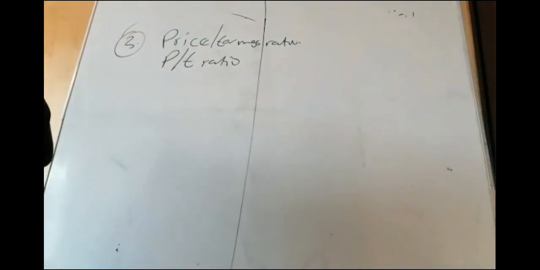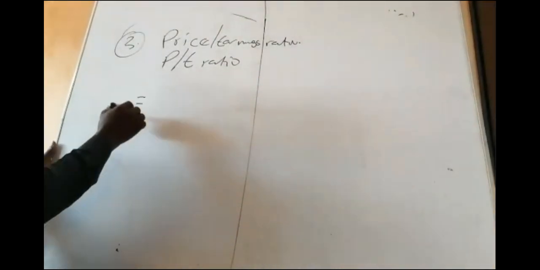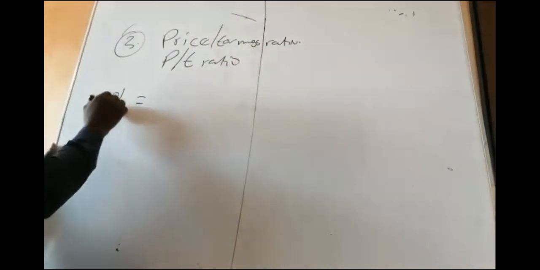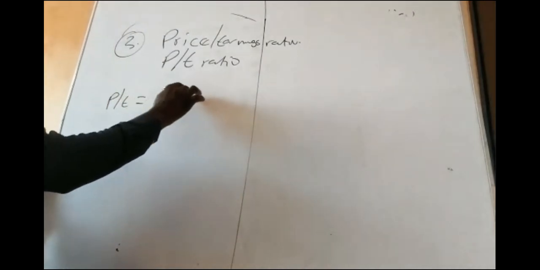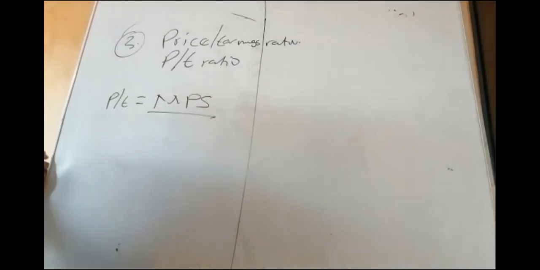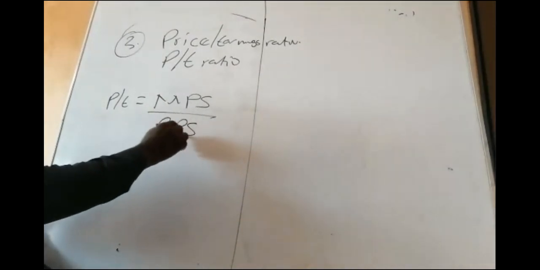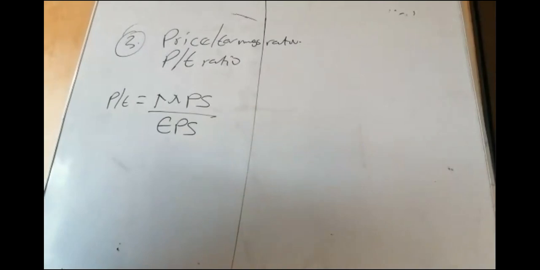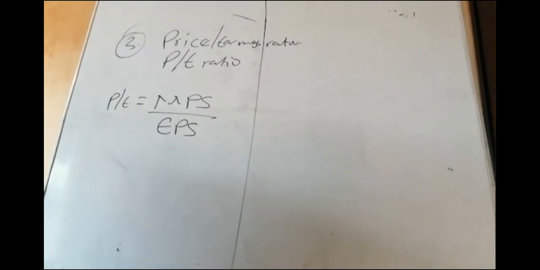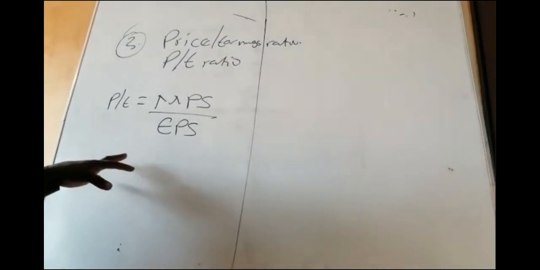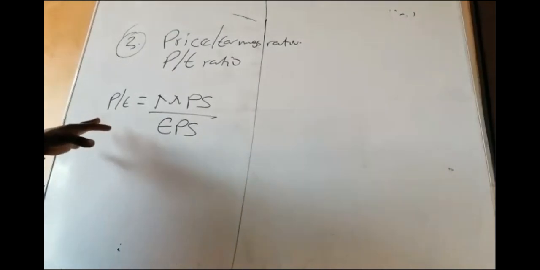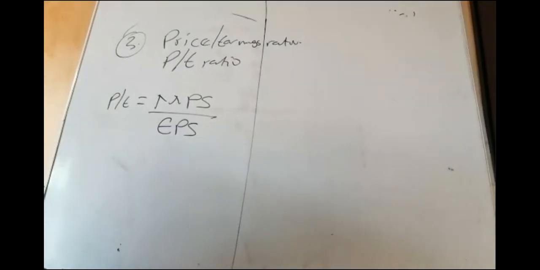As the name suggests, the PE ratio is equal to the market price of the shares all divided by the earnings per share. Now, make the market price the subject.